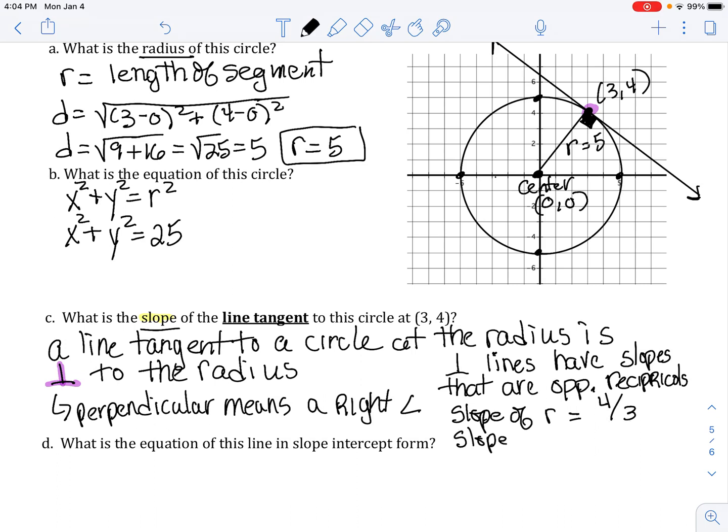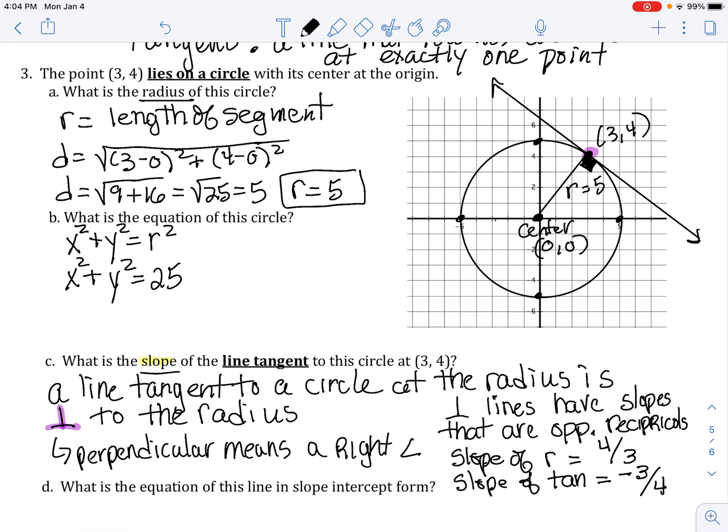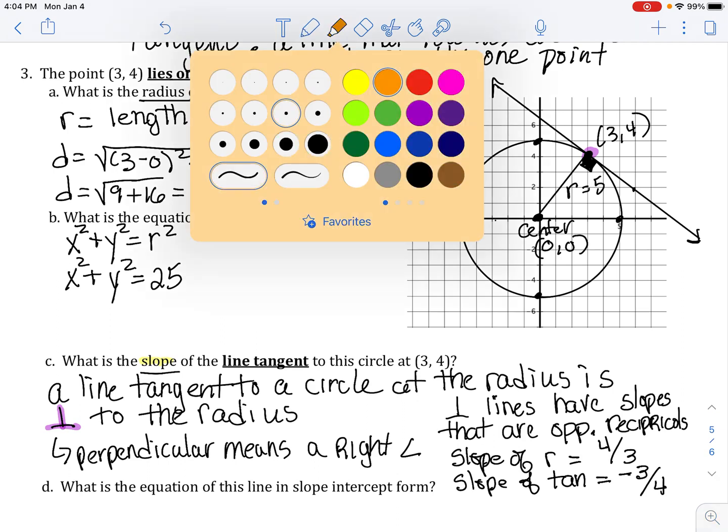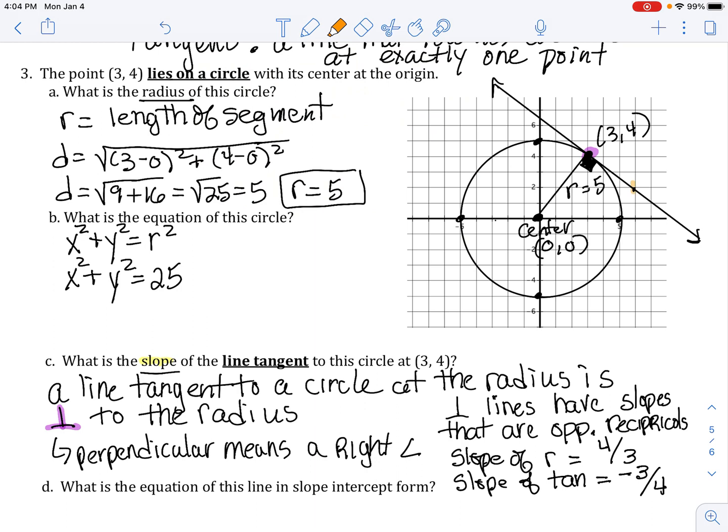So the slope of the tangent is -3 over 4. And I suppose I could probably guess that. Let me pick a different color here, like orange. If I went up 1, 2, 3 over 1, 2, 3, 4, looks to me like that represents the slope of that tangent line.